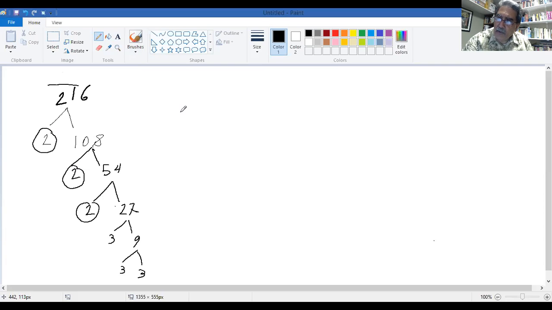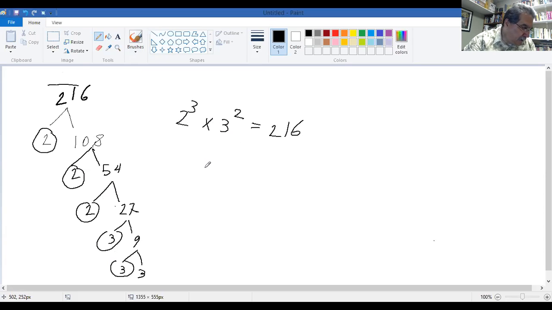So I have 2 to the power of 3 times 3 to the power of 3 is equal to 216. Okay? This is writing the prime factorization using the branch method. Now, if you want to do 234, let's look at 234.